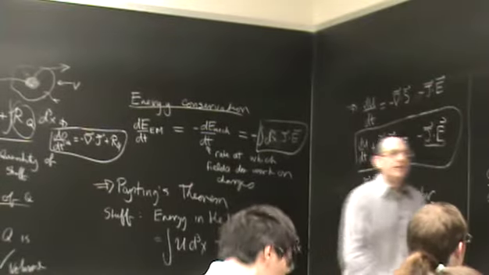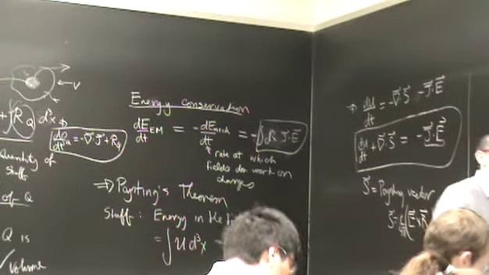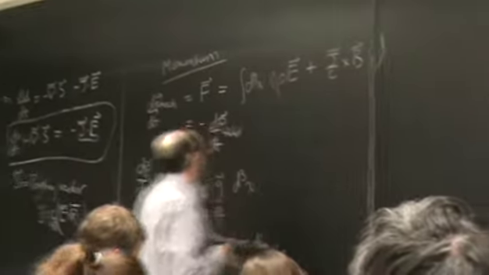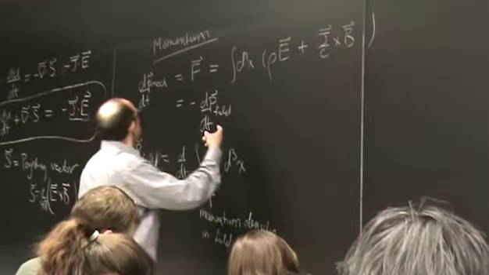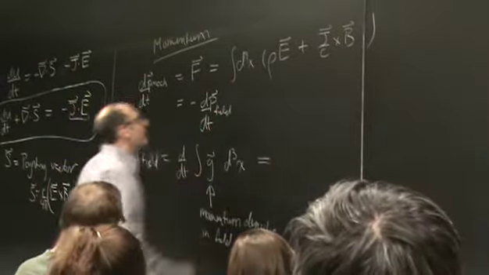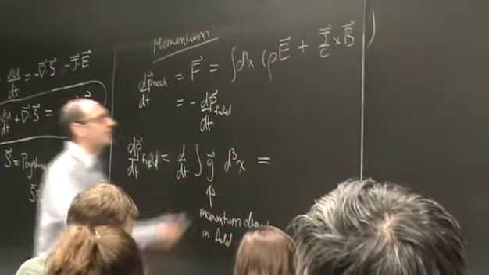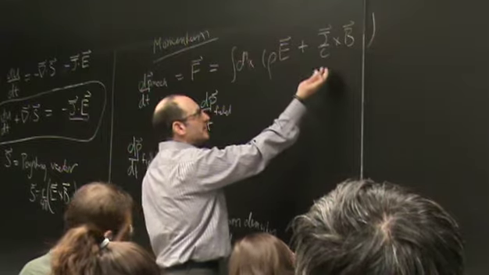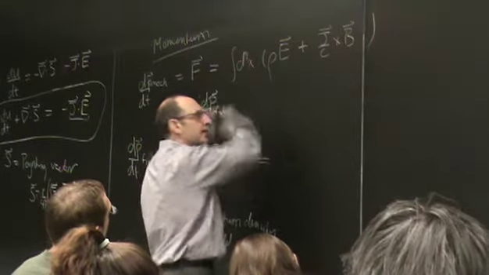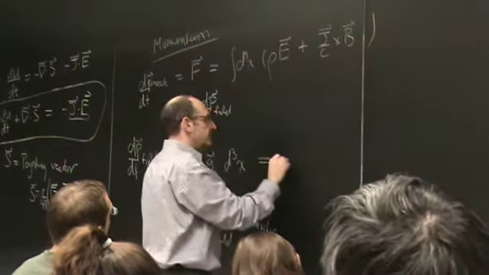So we're going to try to figure out what that momentum density is today. But whatever that is, in this case, if it's increasing, it's because momentum is coming from the charges and being put into the field. So this is minus.